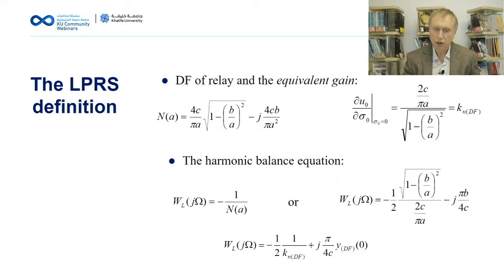As a result, we can rewrite the harmonic balance equation in the following way. And we also replace the value of b here in the imaginary part with negative y at 0, at time 0, because at time 0, the signal y must be equal to b, and this causes the switch of the relay from minus to plus. So this is our certain transformed harmonic balance equation.